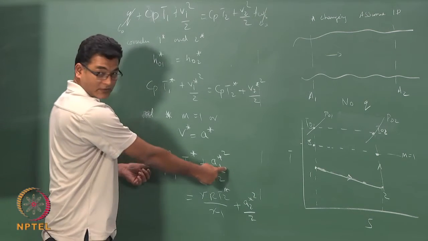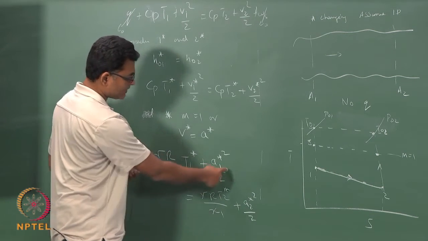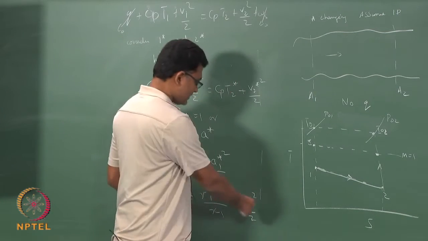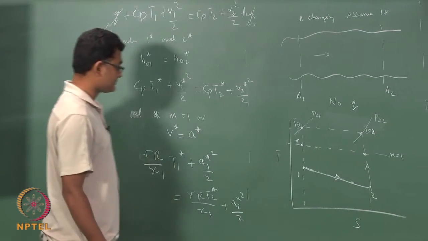So, the LHS is the star condition at 1, the RHS is the star condition at 2.